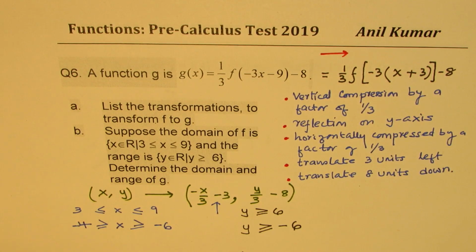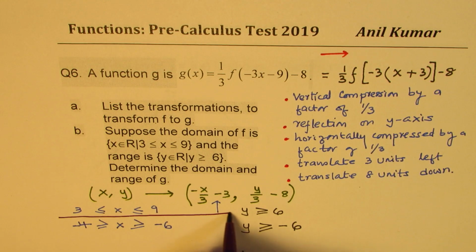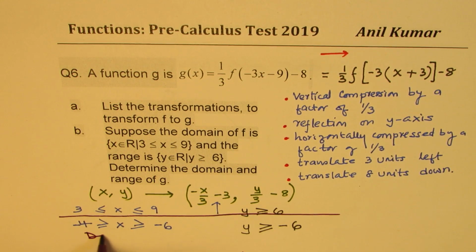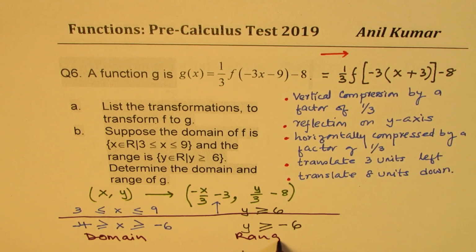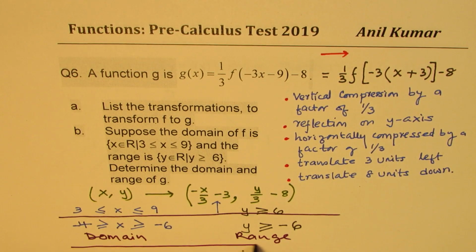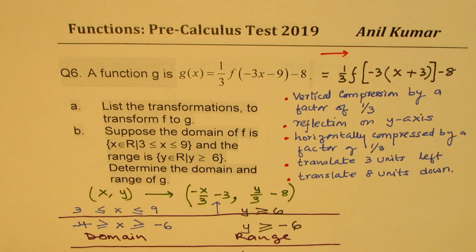So that becomes the range for the transformed function. So the domain and range for the transformed function is going to be this. Is that clear to you, right? So we applied the transformation to get the right answer. I hope it makes sense.